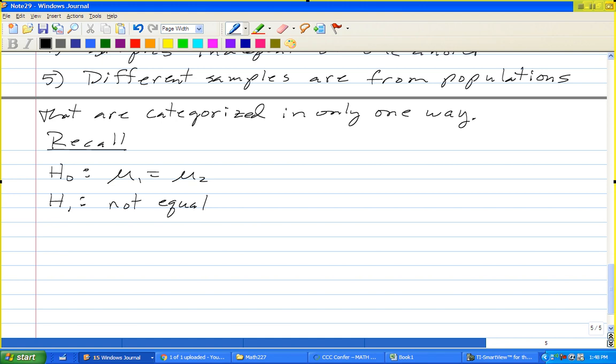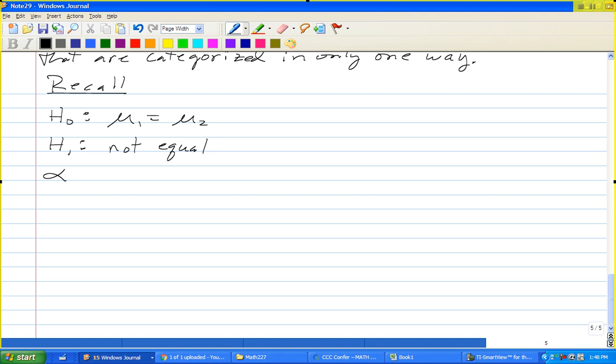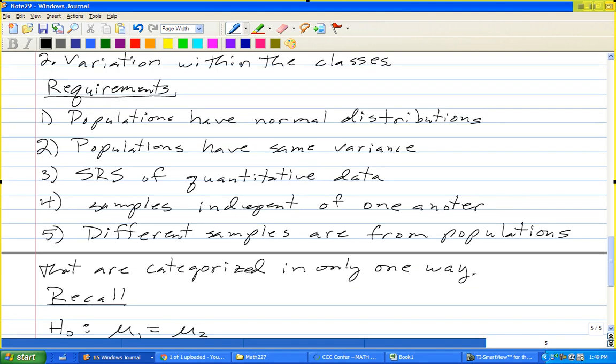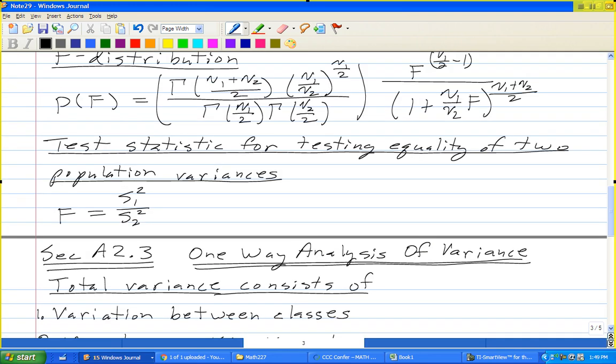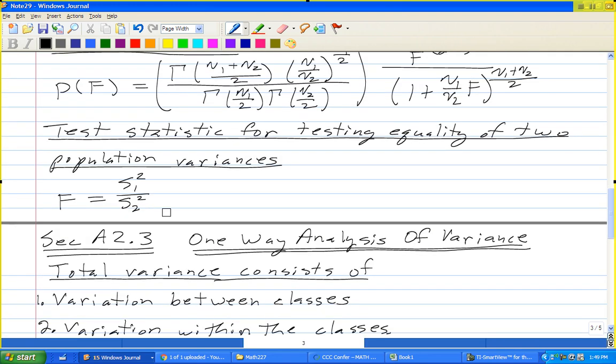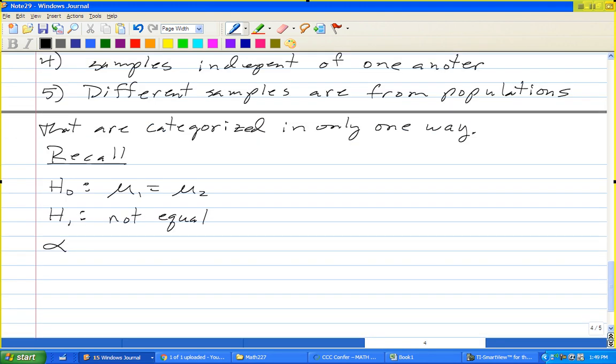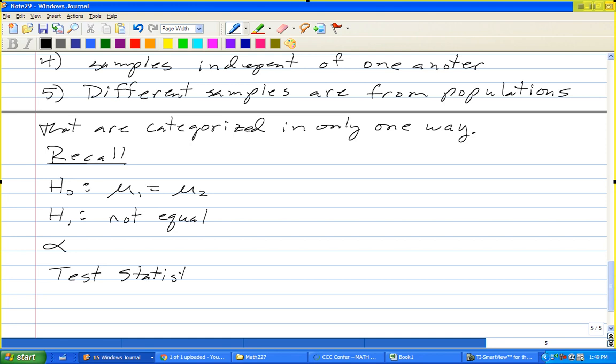Of course we had some level of significance. Then we used an F test, and the test statistic was this test statistic.